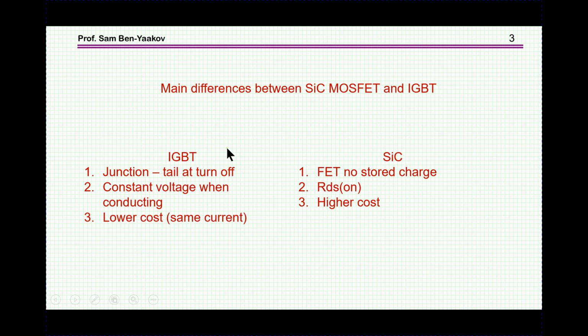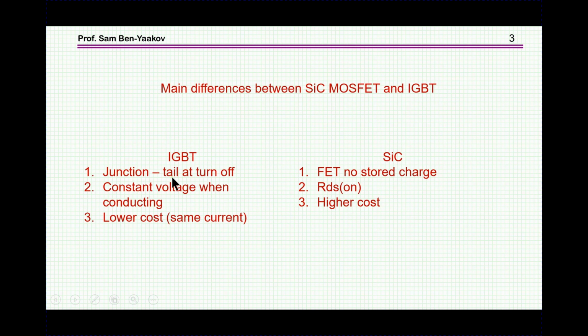Now, the main differences between the silicon carbide MOSFET and IGBT can be summarized here. These are just the highlighted and very basic differences. Number one, the IGBT is a junction device. There is a junction, therefore there is a stored charge in the junction, and therefore when the device is turned off, there is a tail.